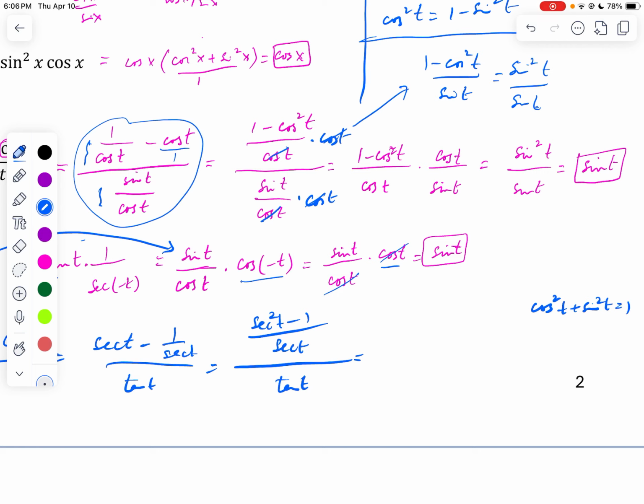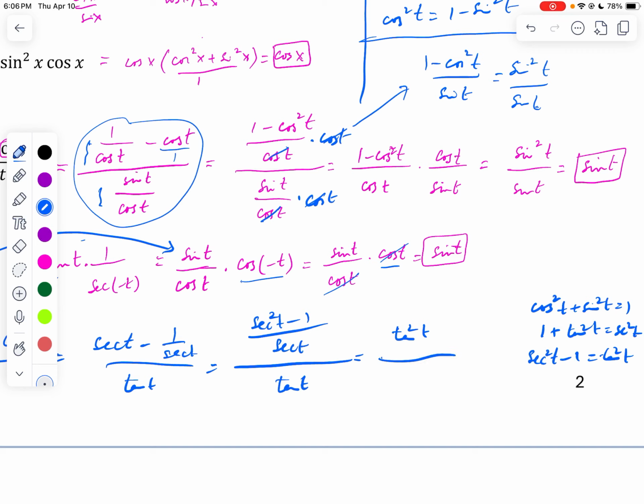Divide by cosine square t, you get 1 plus tangent square t equals secant square t. If I subtract 1, secant square t minus 1 is equal to tangent square t. So here we are getting tangent square t divided by secant t, whole divided by tangent t.